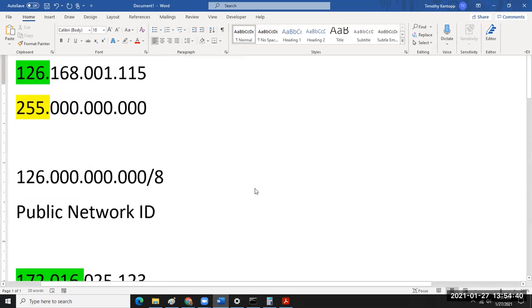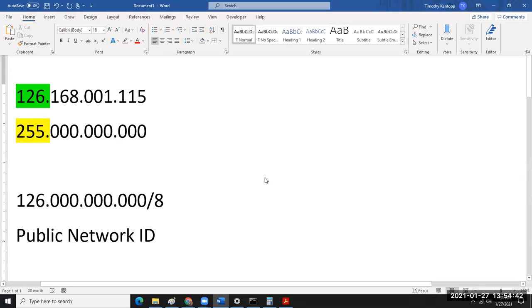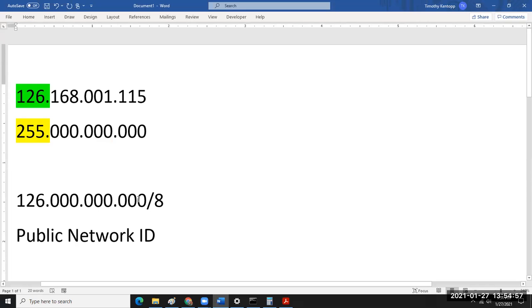So in each case, how do I know what my gateway address is? Well, according to the standard practices, the best practices, and some of the protocols out there, basically what you do is you take your network ID and you add 1. And now you know what you're supposed to use for your gateway address.